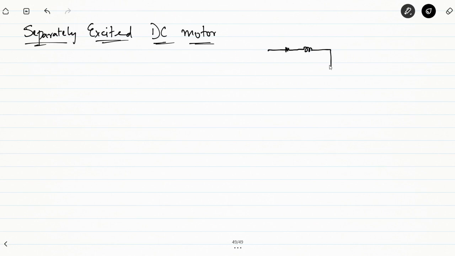In the case of a separately excited DC motor, you have a separate armature circuit and a separate field circuit. Let VA be the applied voltage, R is the armature resistance, LA is the armature inductance, I is the current flowing in the circuit, and let EB be the back EMF of this motor.